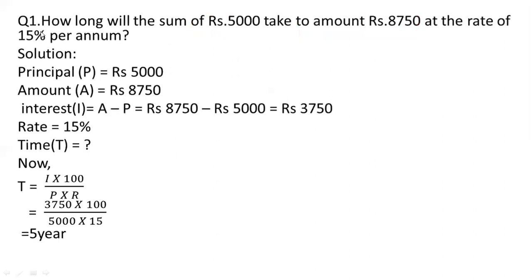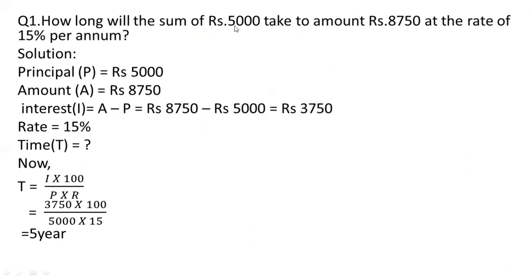Look, this is the first question. How long will the sum rupees 5,000 take to amount to 8,750 at the rate of 15% per annum? This is the rate of interest, and it is asking how long. Then we have to find out time, and this is the sum.